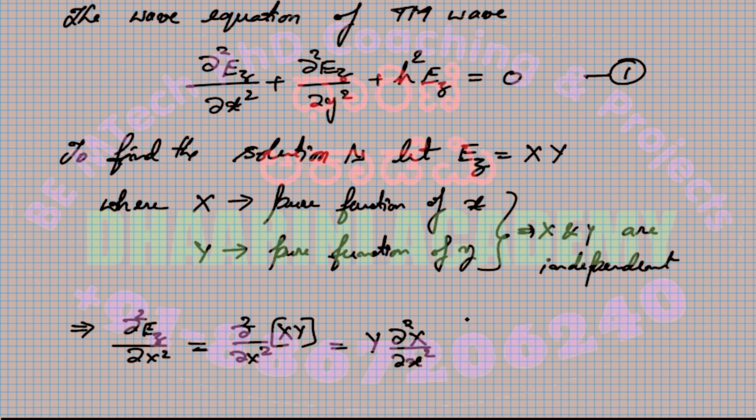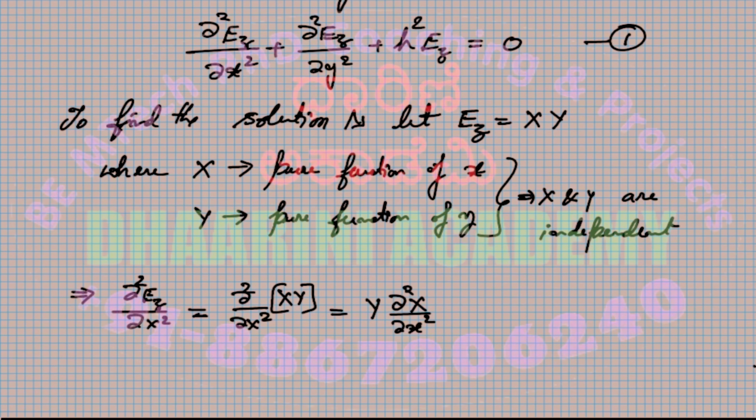There is a difference: this is my capital X and the denominator contains the small letter x. That's how I differentiate between the capital and the small x. So Y times dou square X by dou x square is the first term.